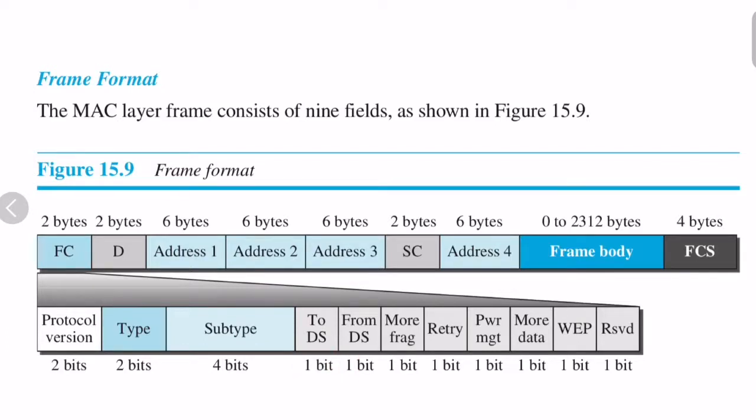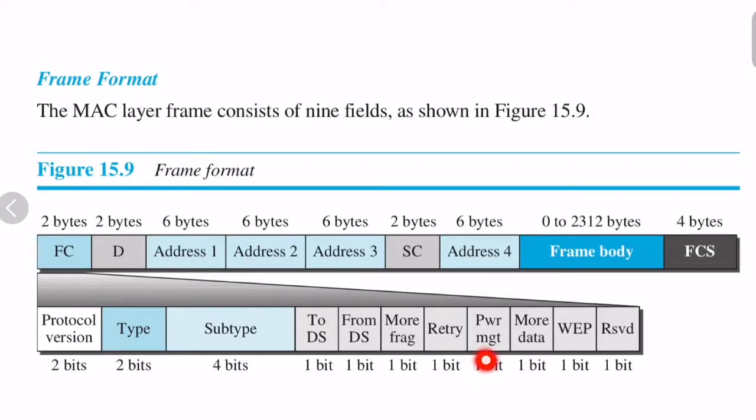More fragments. So if this field is set to 1, that means there are still more fragments to be received in the receiver side. Retry means retransmitted frame. This particular frame is retransmitted from the sender side. Next comes power management mode. If it is set to 1, the station is in power management mode.